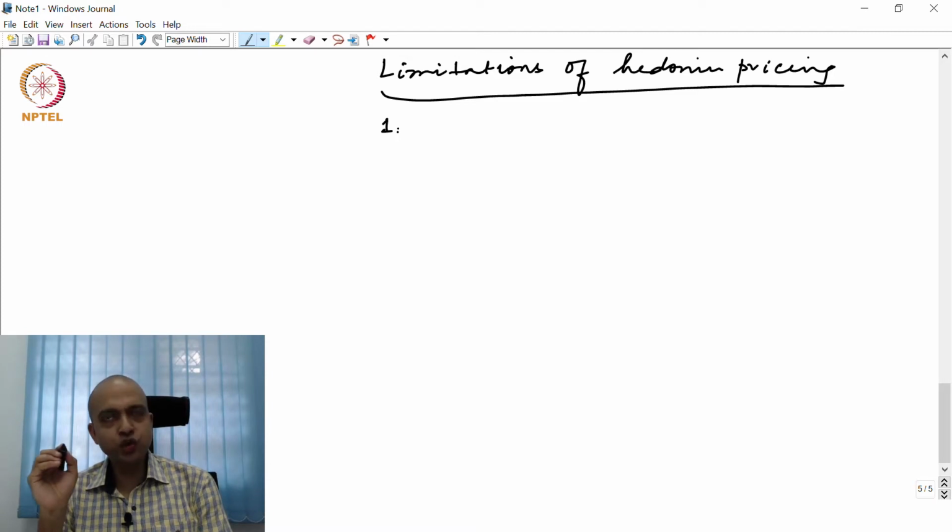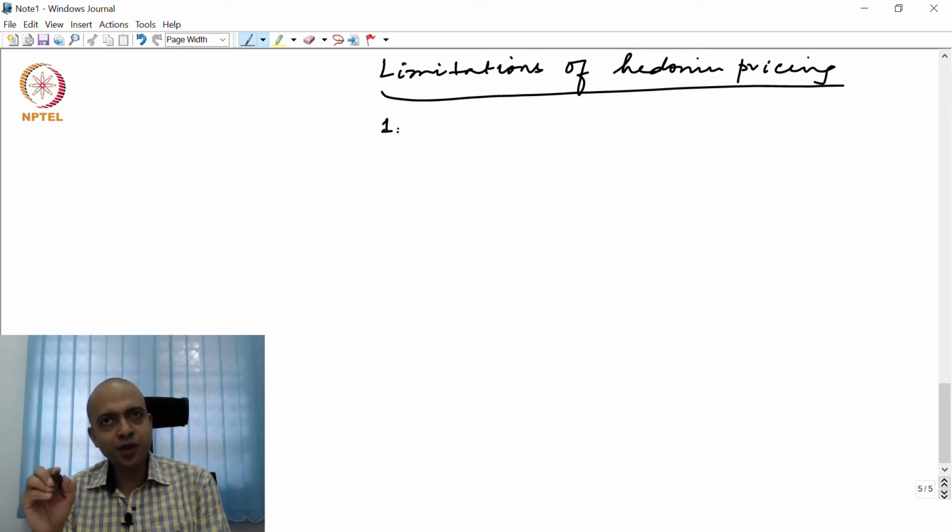That means we assume that when environmental quality improves, it is only the house owner who is going to benefit. That is why the value for better environment is captured only through the house owner's extra willingness to pay. However, when environmental quality improves in a particular locality, several others also benefit.